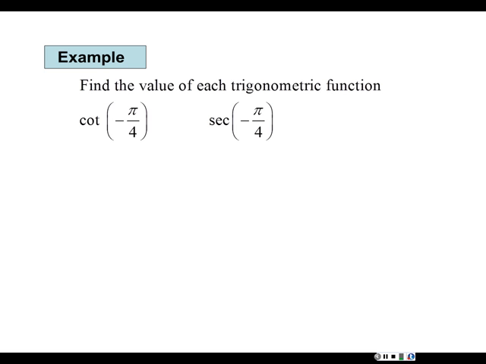So, can you find the cot minus pi by 4 and sec minus pi by 4? Now, first of all, pi by 4 is 45 degrees. Now, in case of cot, minus 45 will be what? Cot is an odd function. So cot minus 45 equals minus cot 45, right?